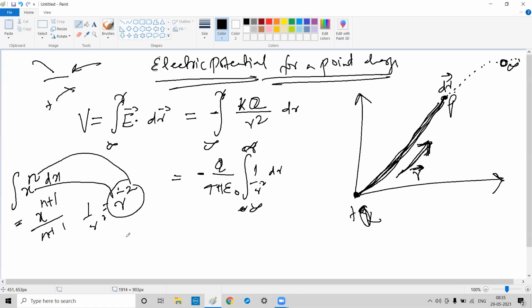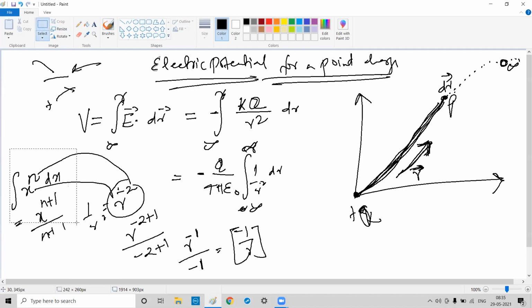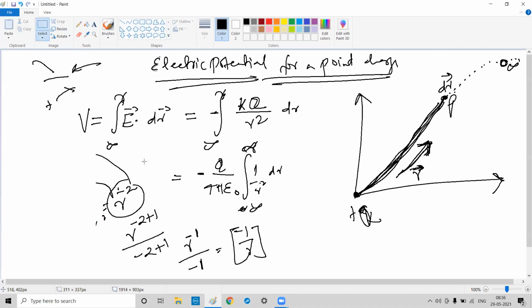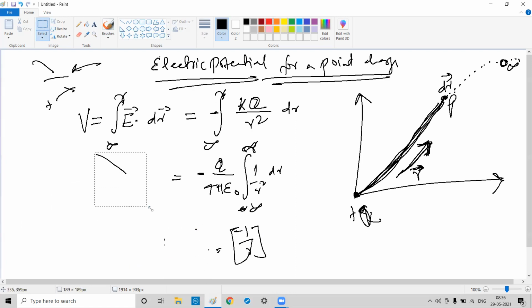So it will be r to the power minus 2 plus 1 divided by minus 2 plus 1, that is r to the power minus 1 by minus 1, which becomes minus 1 by r. So the integration of 1 by r square is minus 1 by r. Clear? Anyway, from the next class, if you have any doubt in this class, we will resolve it. So don't worry.